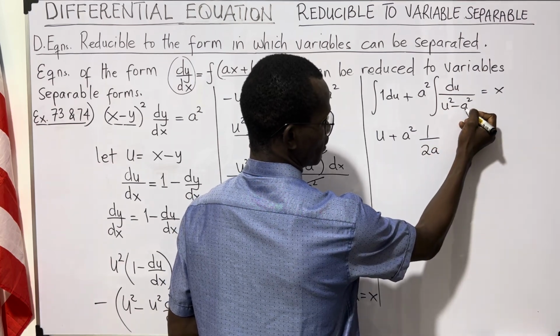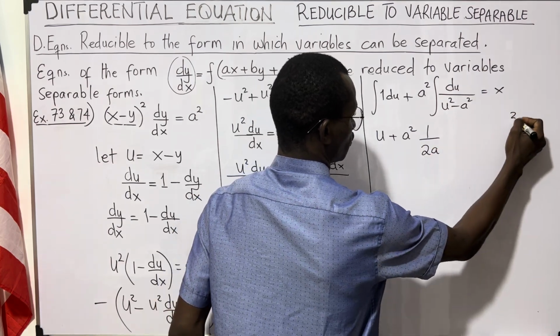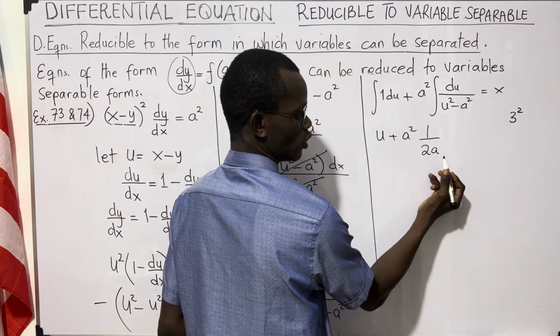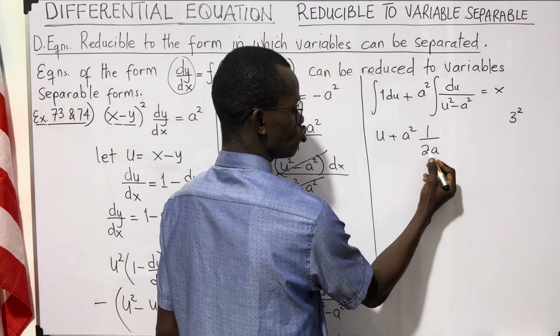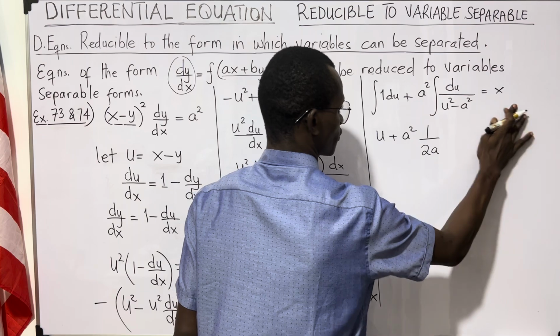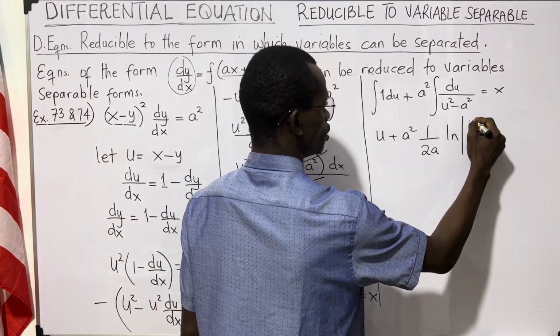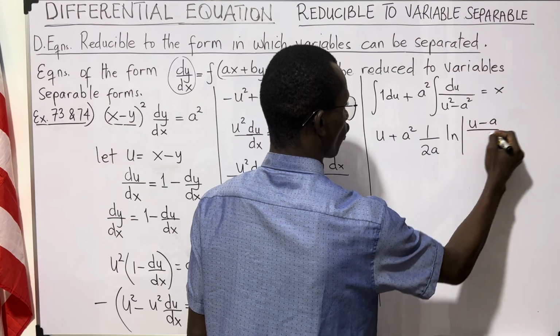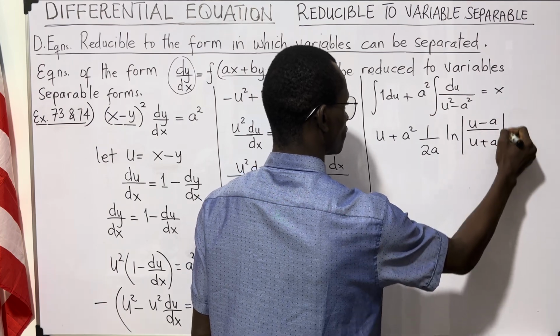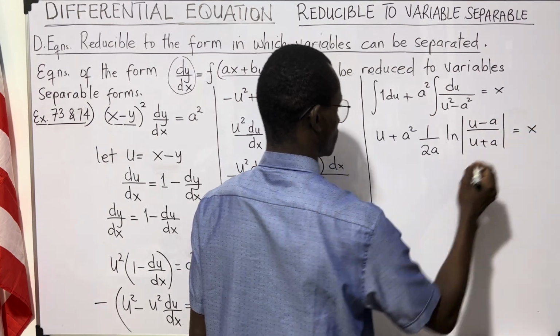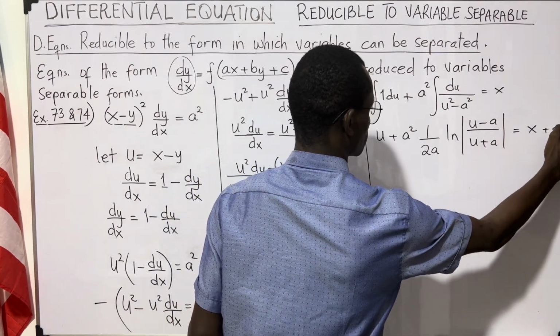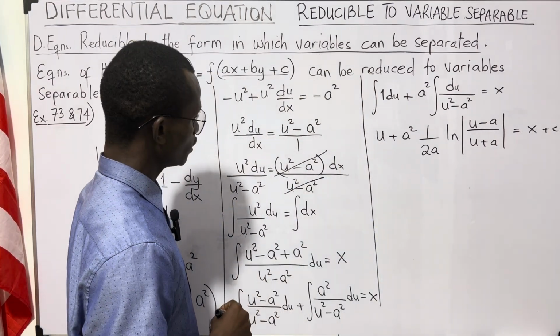That is what is here, right? So if this was 3 squared, it will be 1 over 2 times 3. So 1 over 2a, the ln of u minus a all over u plus a equals to x, plus some arbitrary constant c. So what do we do next?